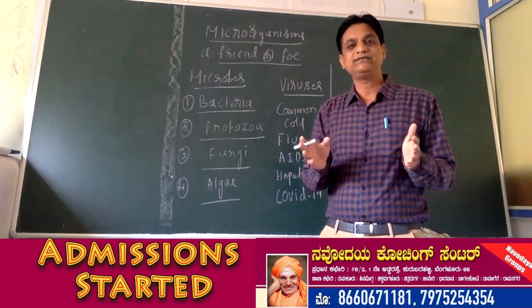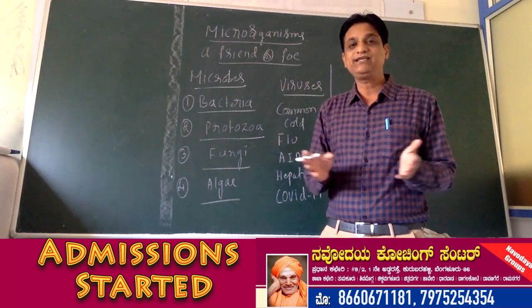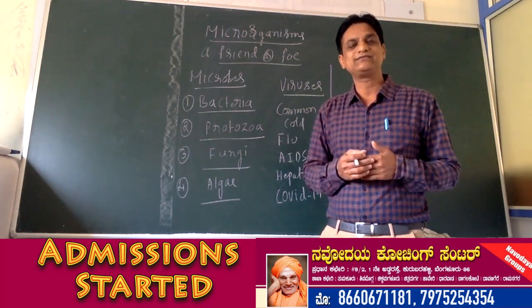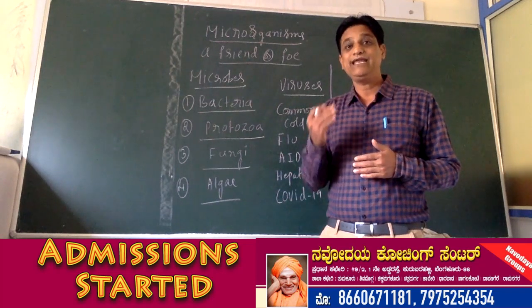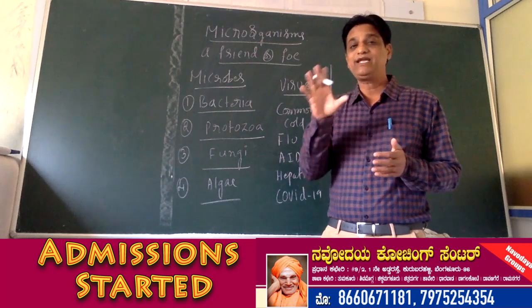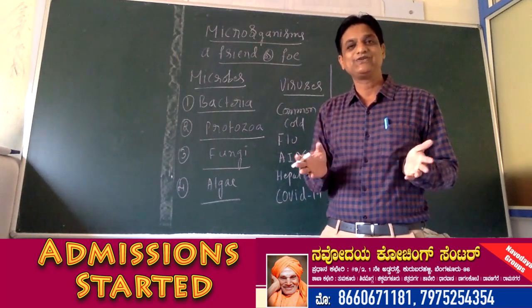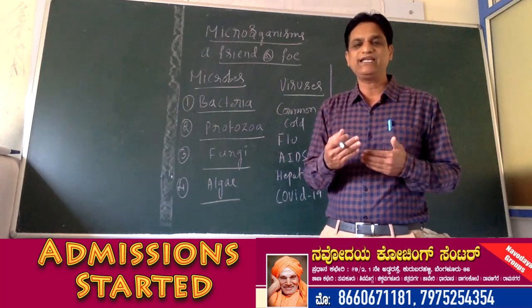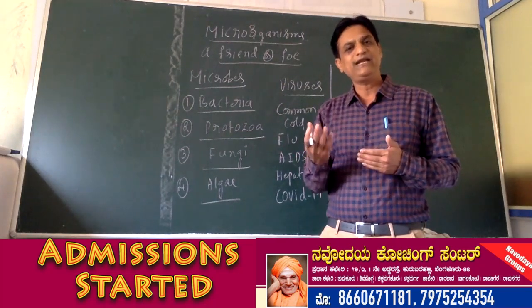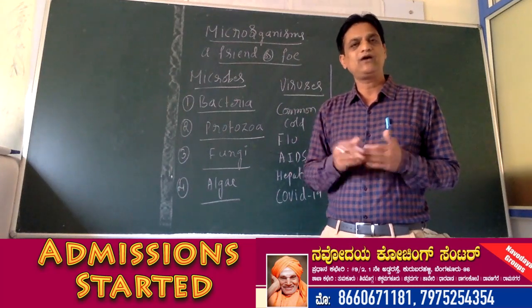They cause different diseases. So we always think that microorganisms are enemies to us, but it is not like that. There are many microorganisms which are useful to us. So in this chapter we will be studying both friendly microorganisms as well as harmful microorganisms.